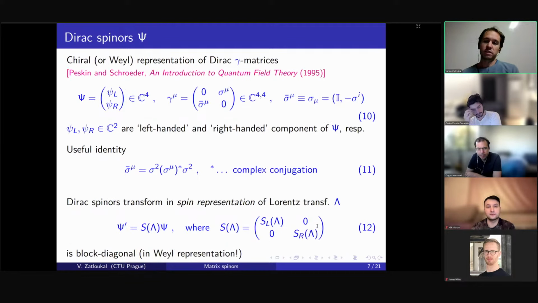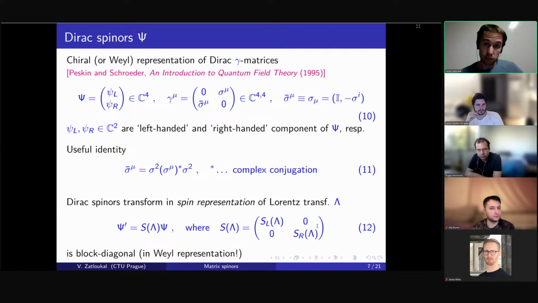Now, how do these matrix spinors, the 2x2 matrices M, relate to conventional Dirac spinors that one knows from relativistic quantum mechanics or quantum field theory? So just to recall, we have Dirac gamma matrices, and we have various representations of those gamma matrices, 4x4 matrices.